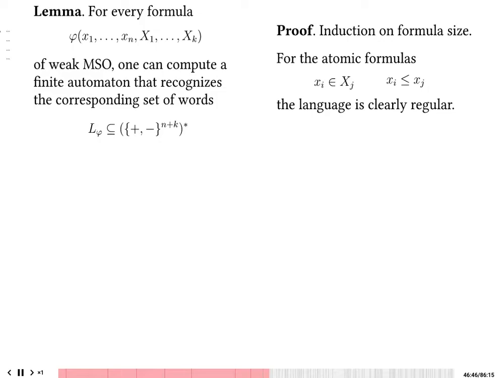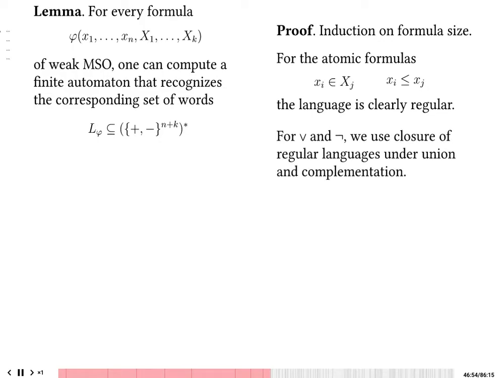So we have proved that for the atomic formulas, the corresponding properties of words are definable by automata. And now we can deal with Boolean combinations because of the fact that regular languages defined by automata are closed under Boolean operations, so union and complementation.